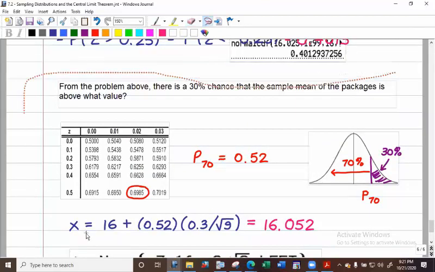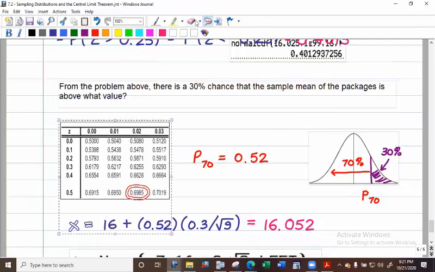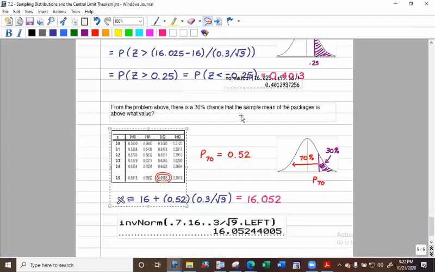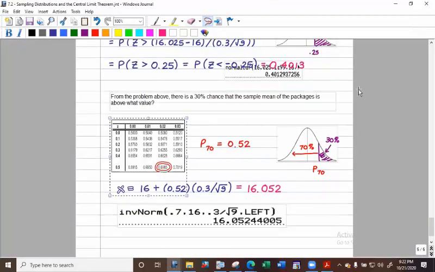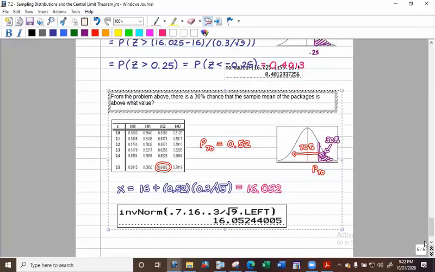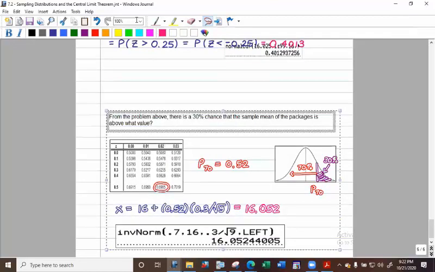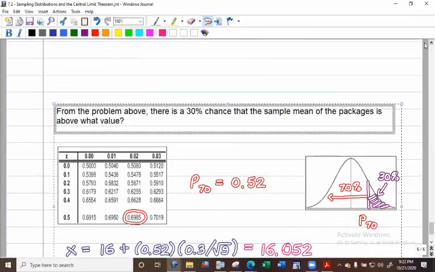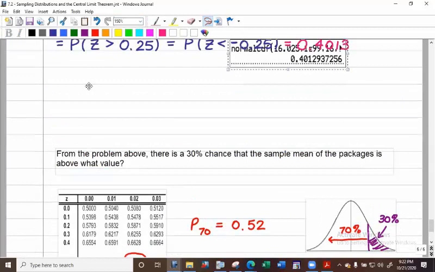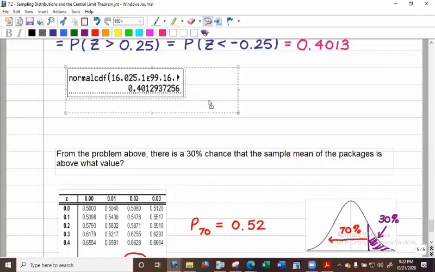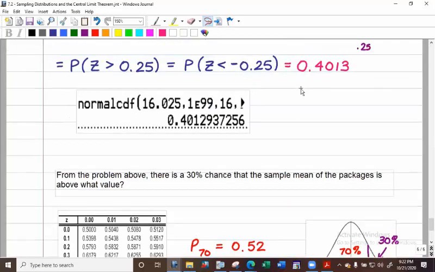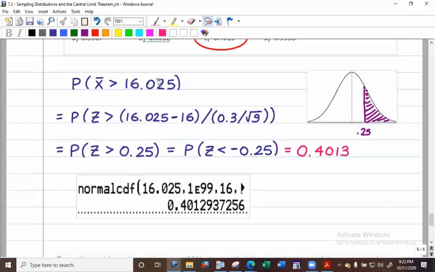I need to get the whole thing in there. Just drag it down the page a little bit. All right. And insert this in here. And we've got it. Here we go. 0.4013. How about that? Terrific.